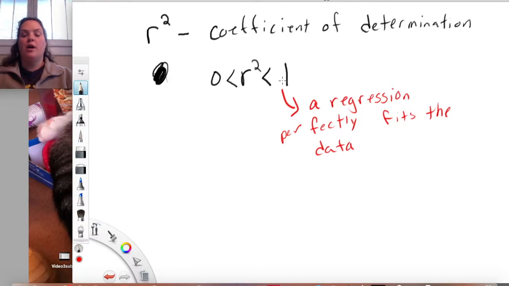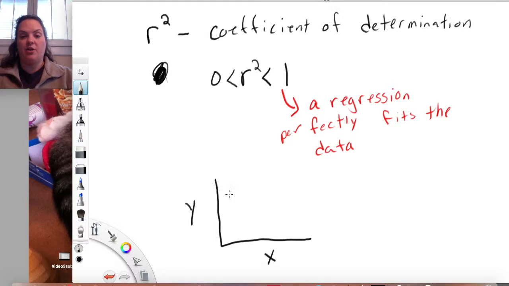Okay, so an r-squared value of 1 means that our regression line perfectly fits our data. However, it's often very easy to overfit our data. So if we have a y here and we have an x here, and I only have 2 data points, well, obviously my regression line is going to go right through those data points, and I'm going to have a perfect fit.